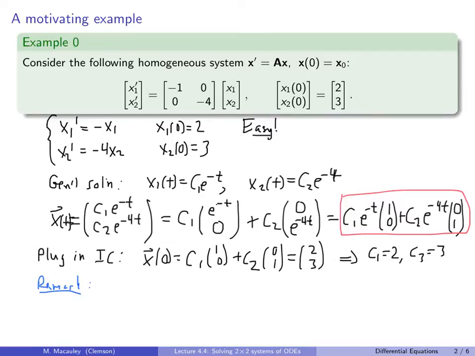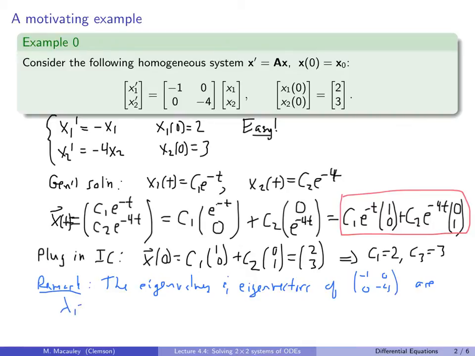You can use our old method to find them. But it's not hard to see the eigenvalues and eigenvectors, maybe I should call them the eigenstuff, of this matrix, (-1, 0; 0, -4).